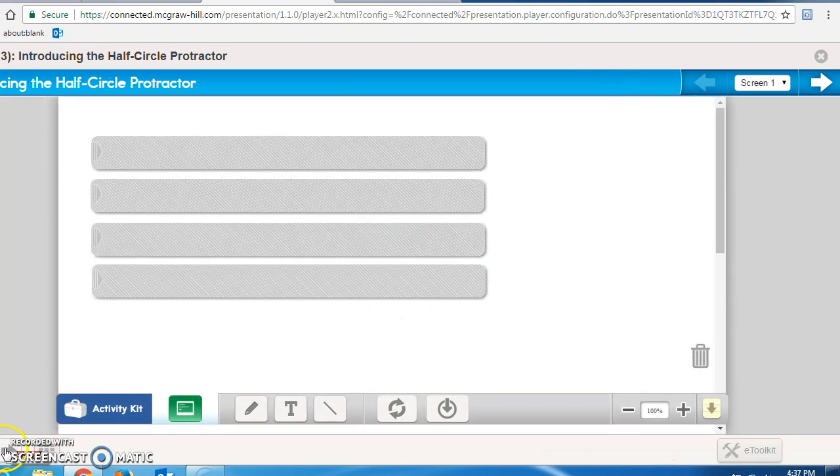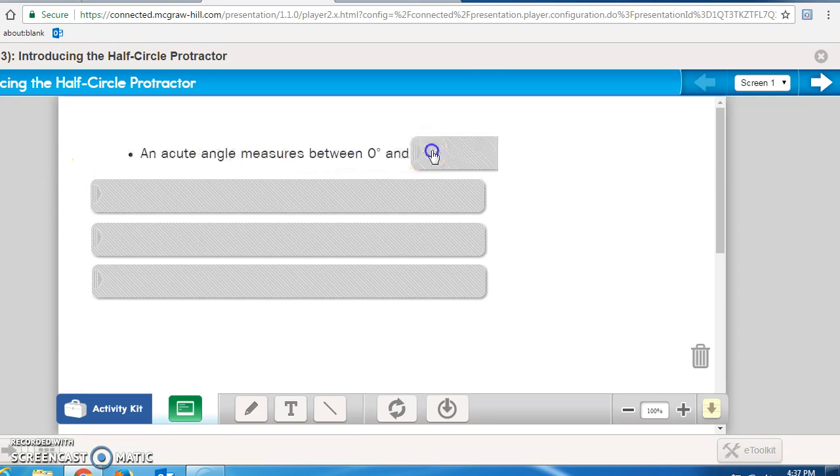My questions for you are, what angle measures between 0 and 90 degrees? What is the name of that angle? I hope you're remembering that an acute angle measures between 0 and 90 degrees. What type of angle measures exactly 90 degrees?